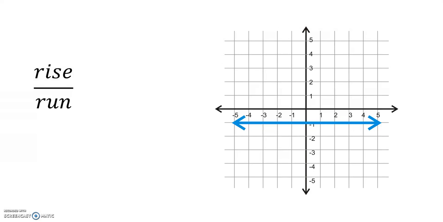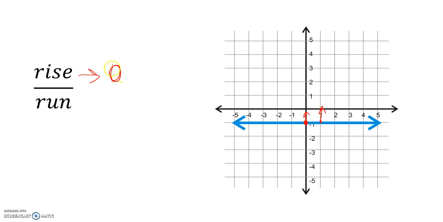So let's talk about rise over run in this situation. This is a horizontal line. So if I'm discussing rise, I'm thinking about how many tick marks or grid lines, or whatever you want to think of, how much it goes up. Well, in this case, it doesn't ever rise.